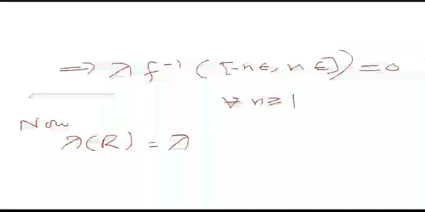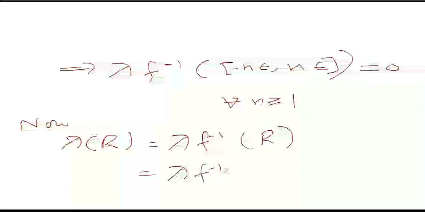Because f inverse of R is R, it's equal to Lebesgue measure of f inverse of R. Not a problem, because f is a function from R to R, so that means f inverse of R is equal to whole R, which is equal to Lebesgue measure of f inverse of the union, n runs from 1 to infinity, of minus n epsilon to plus n epsilon.